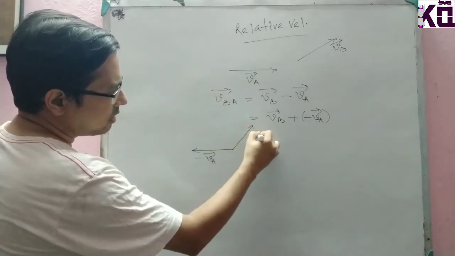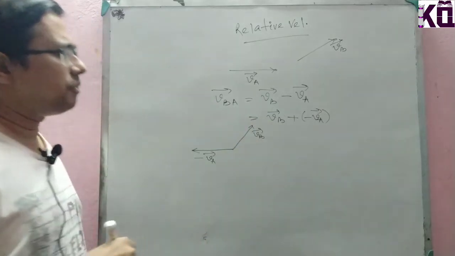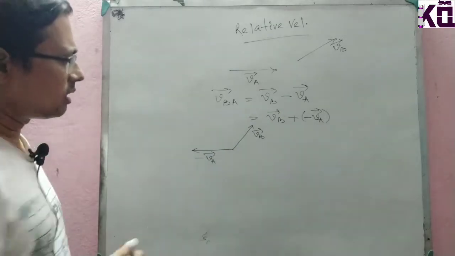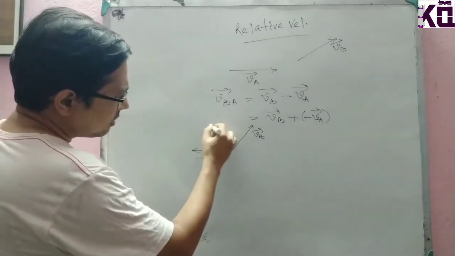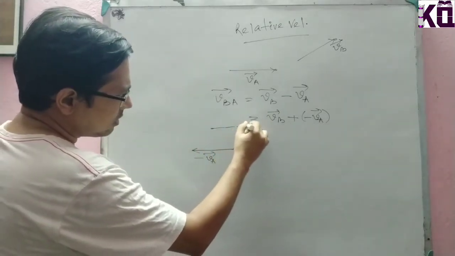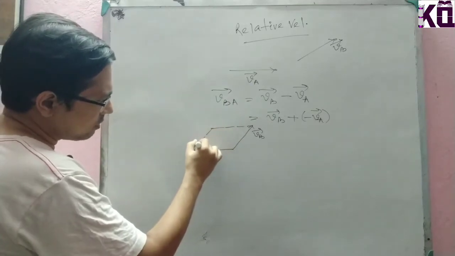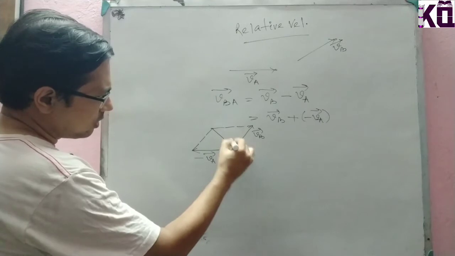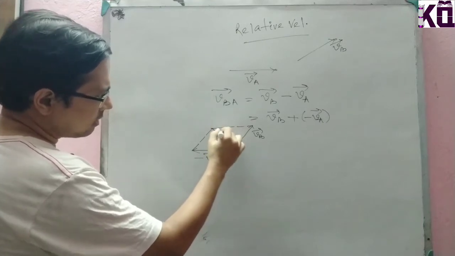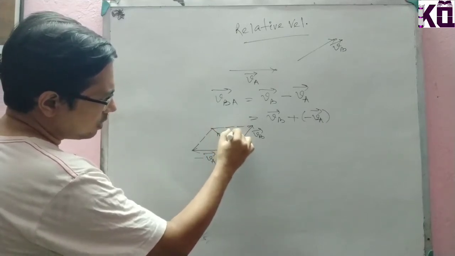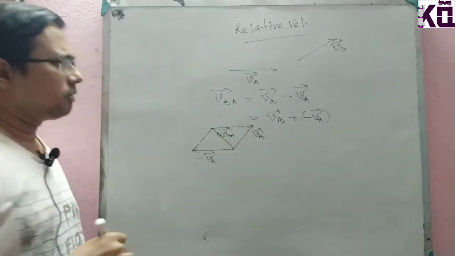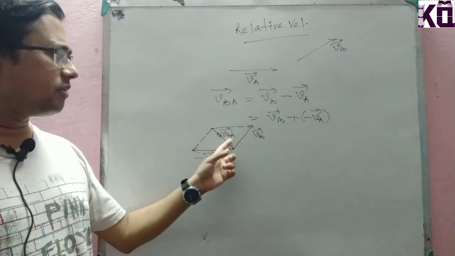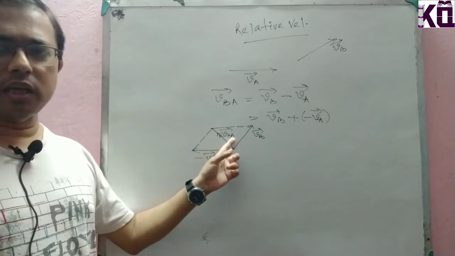So VB minus VA is the representation. You have to complete this parallelogram as we have done earlier. This diagram shows you VBA, that means the relative velocity of B with respect to A.